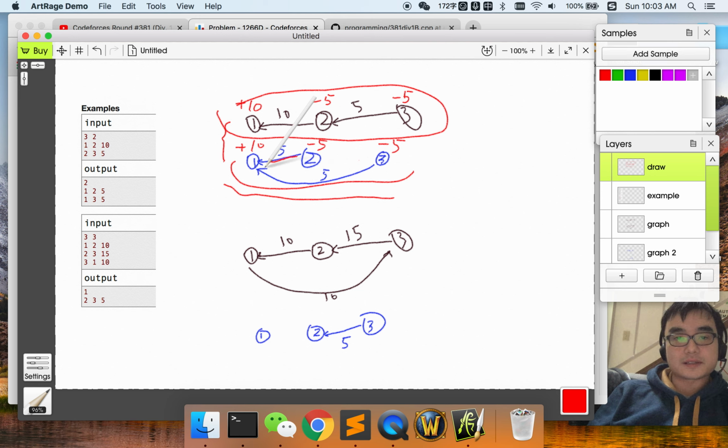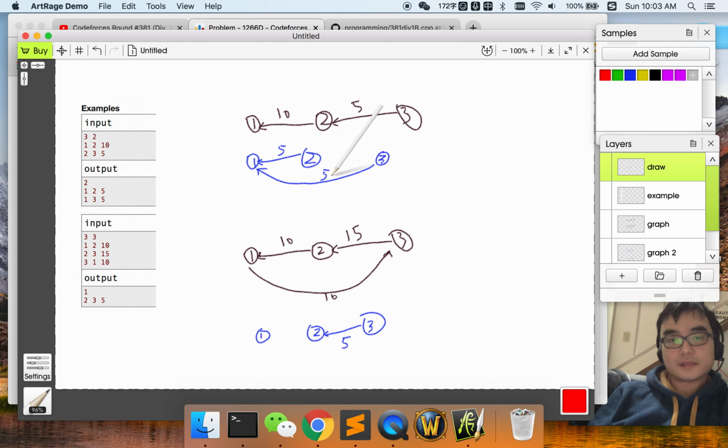It doesn't matter how many edges there are. What matters is that the total value of those edges should be minimal, right? So in this graph, the total value of the edges is 10, and in this graph it is 15, so this one is the minimal.